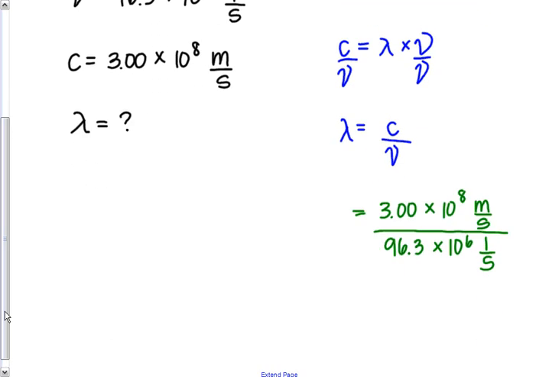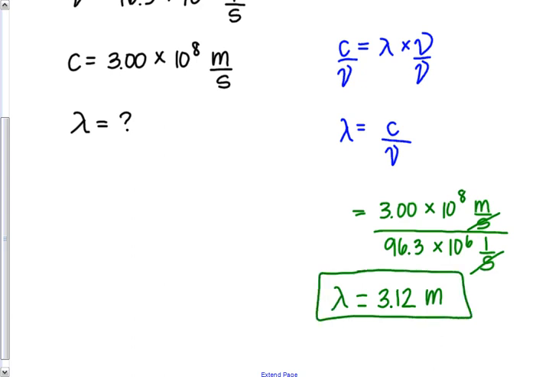So you do the math, make sure you use your calculator correctly, and when you do that, you should get 3.12 is the number. And then when you look at your labels, the seconds cancel out, so this should be 3.12 meters, which should make sense for a wavelength.